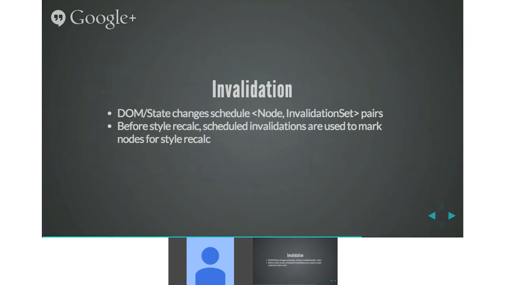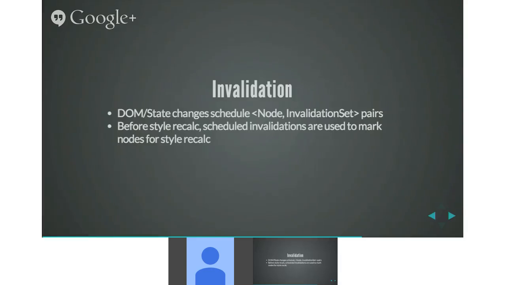So using these invalidation sets now happens when you do a class change or attribute change, where you earlier did a subtree recalc marking on the node. When you did that change, instead you schedule an invalidation with an invalidation set.